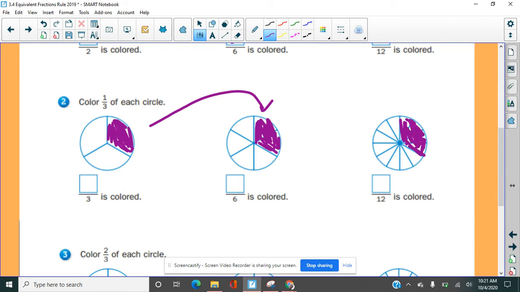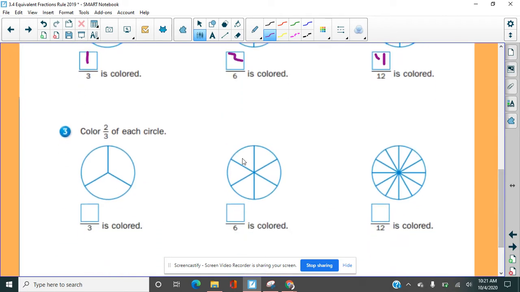All right, now we're going to name the fractions. 1/3 would be here. What is this fraction in this spot? It would be 2/6 and 4/12. All right, go ahead and do number 3. Color 2/3 of each circle, right? So do all your coloring first, and then go back and name your fractions.